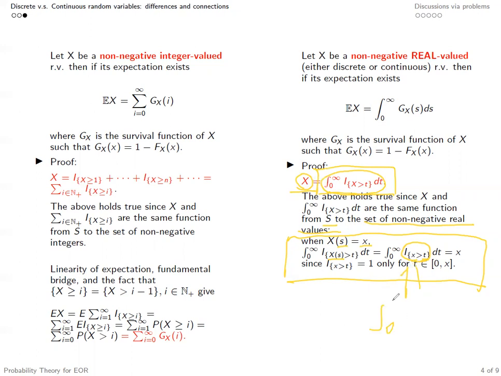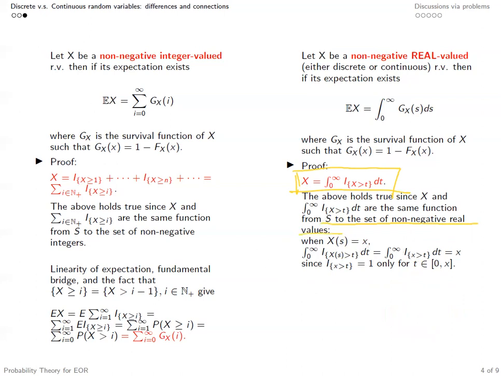So this integration is the integral from 0 to x of 1 dt plus the integral from x to infinity, where the indicator function is simply 0. And what is this integration from 0 to x with 1 as the integrand? It is simply x. So for this function, this identity also holds true. On both sides, they are the same functions from the underlying sample space S to the set of non-negative real values.